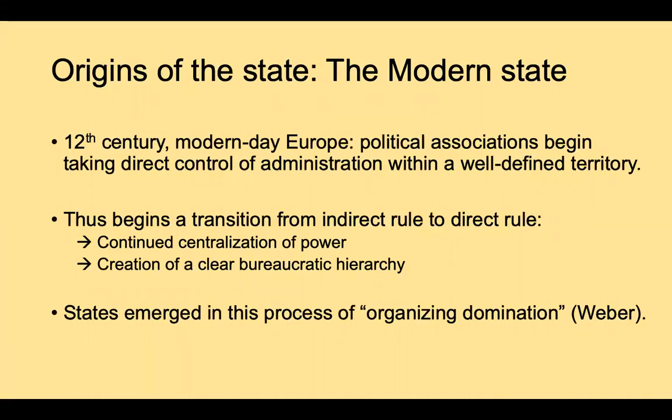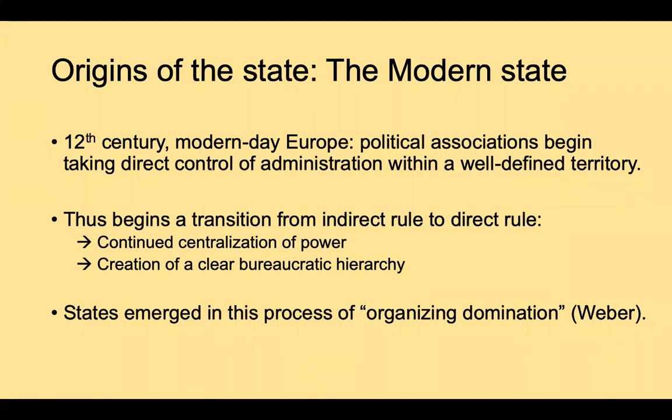And this process involved the centralization of power and the creation of a very clear bureaucratic hierarchy that established a line of authority and established relations of authority and power between different elements of the larger bureaucracy that formed the administration. And it was in this process of organizing domination that states emerged and began to solidify into what we know today.